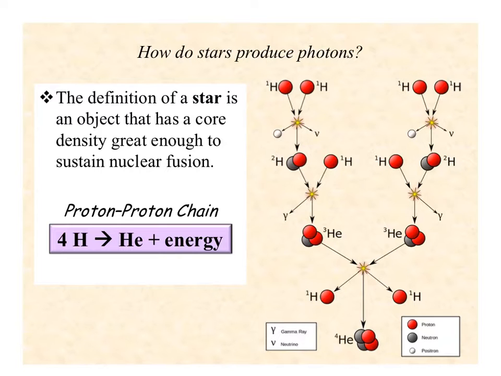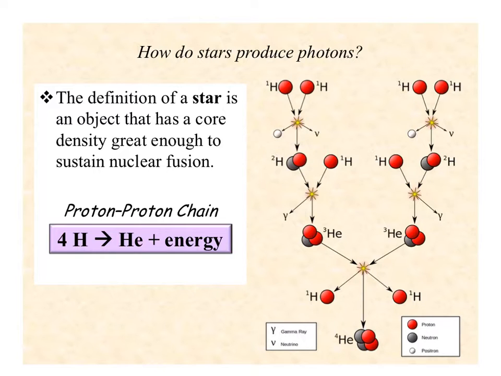In the sun and all low mass stars, you have something called a proton-to-proton chain. So we have 4 hydrogen that combine together to get a helium, and you have this excess of energy. And that's what we see. That radiation is released in the form of gamma rays and neutrinos. So we end up with this helium atom. In our star, you have all of these hydrogen atoms that are combining together to get helium.